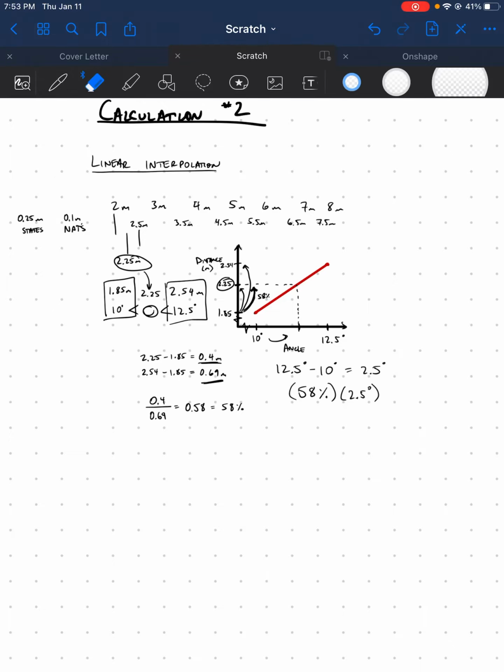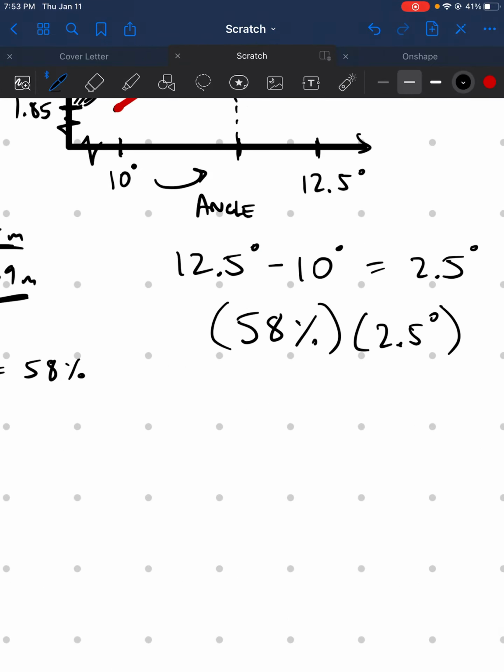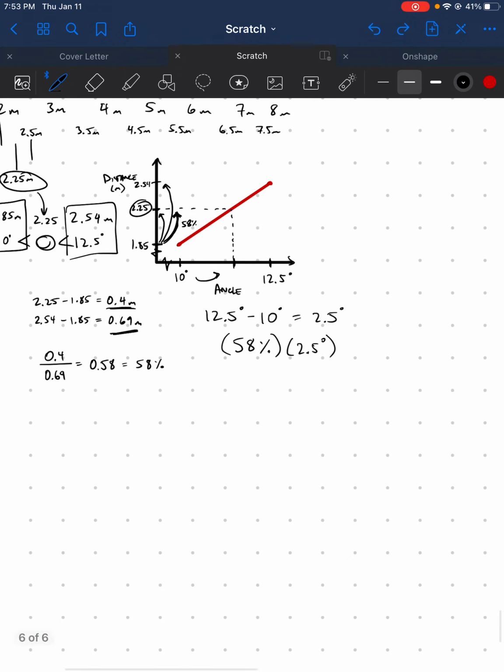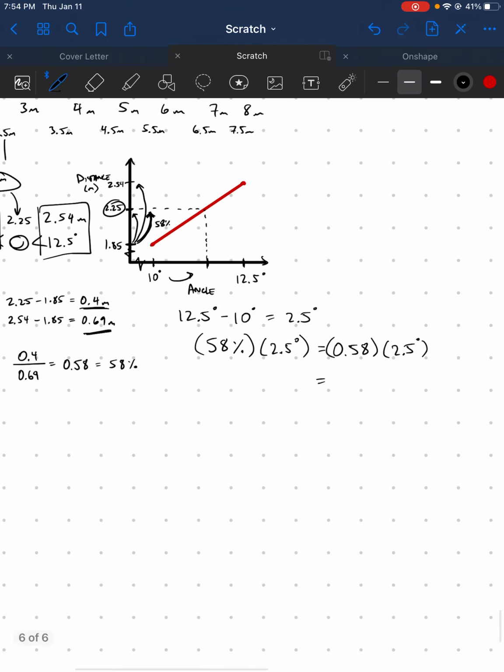Of means multiply, and a percent is a decimal, so 0.58 times 2.5 gives me 1.45 degrees. We're going to round up to 1.5.